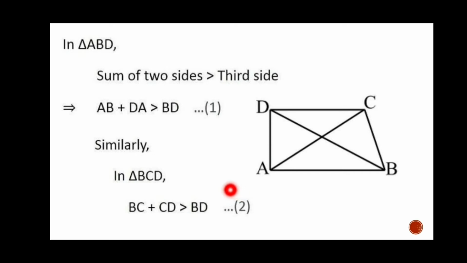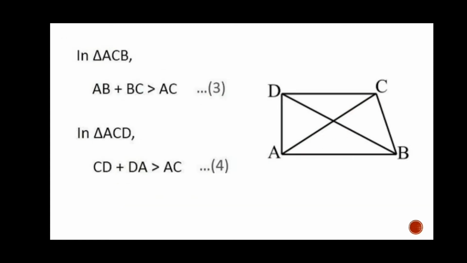Now you might have understood, the next triangle, which one will we take? We will take ACD and ACB, in which AC will come as a diagonal and we will take it as the third side. So in triangle ACB, AB plus BC is greater than AC.